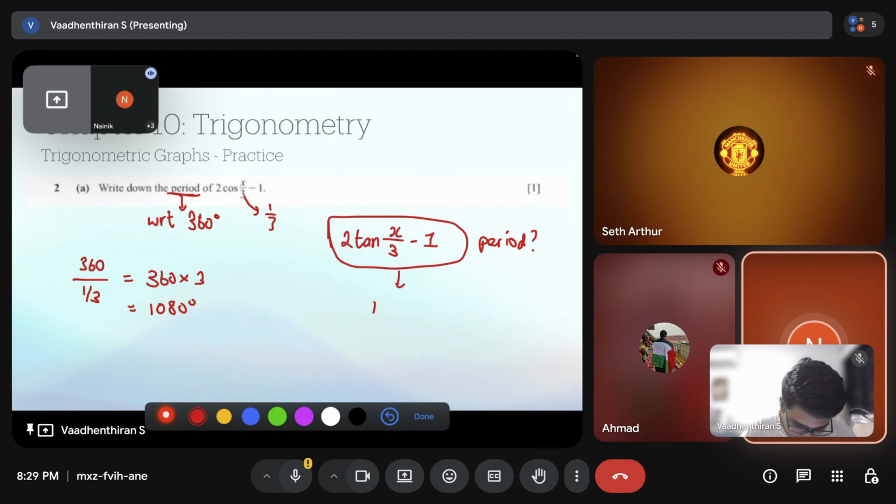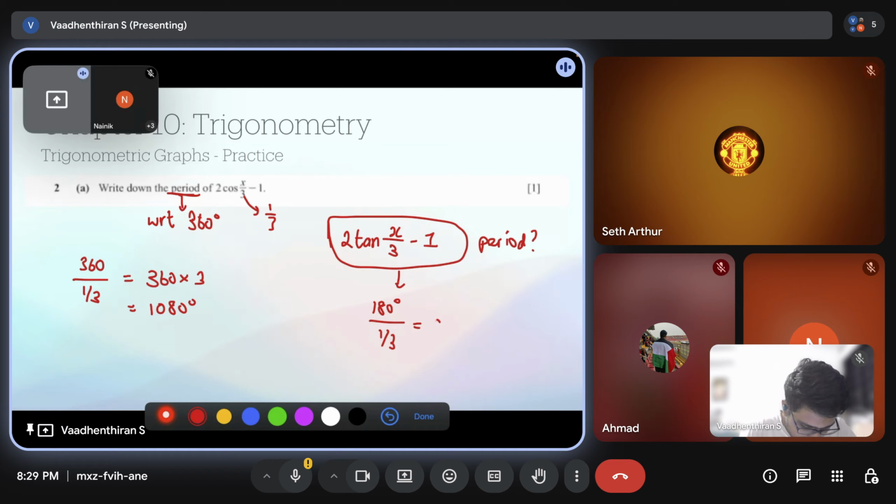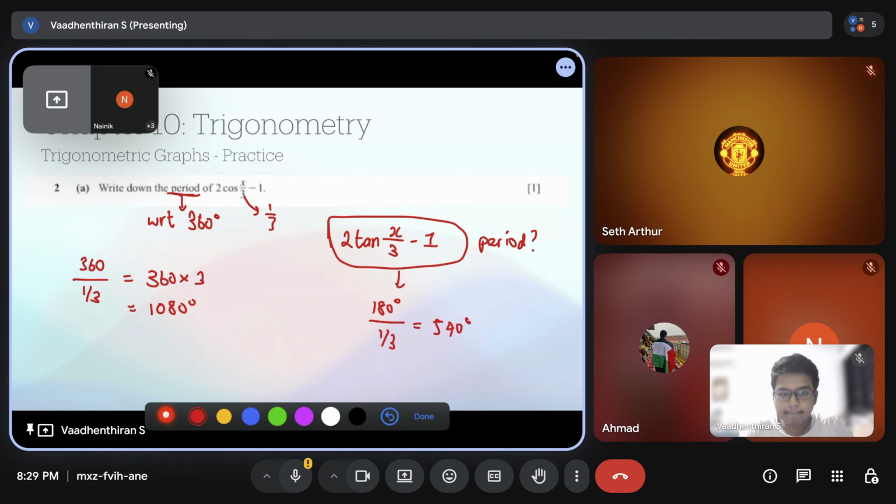You just have to use 180 instead of 360. 180 divided by 1 by 3 is 540. So whenever it's a tan graph, you need to compare it with 180 degrees, and when it is a sine or a cos graph, you need to compare it with 360 degrees.